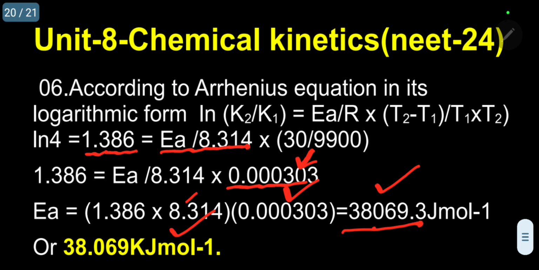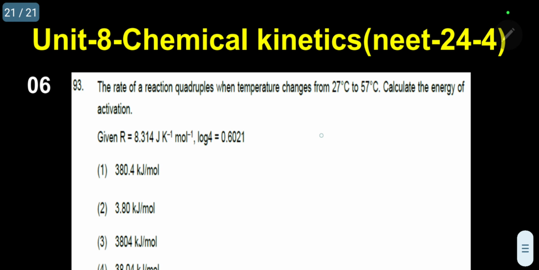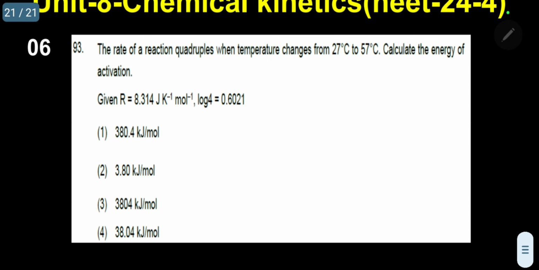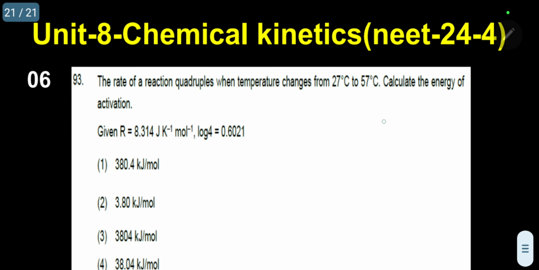So divided by 1000, I will now get kilojoule. So 38.069 kilojoule per mole. Now you can see the answer is 38.04 kilojoule per mole. The next one.